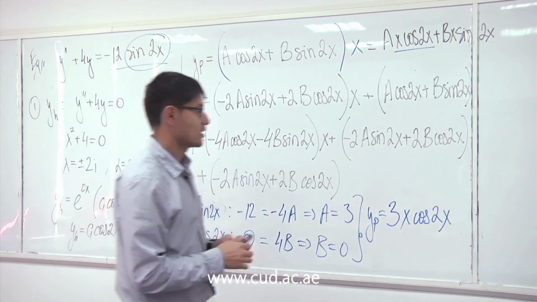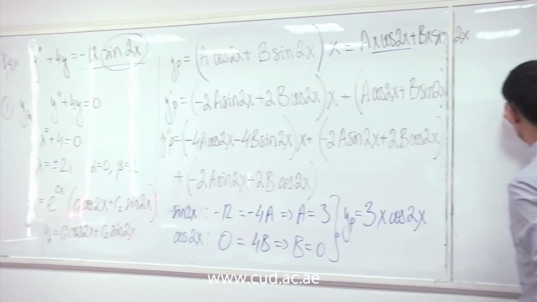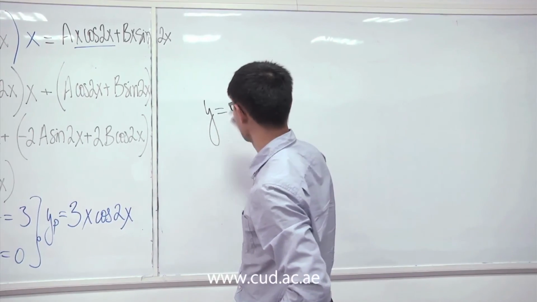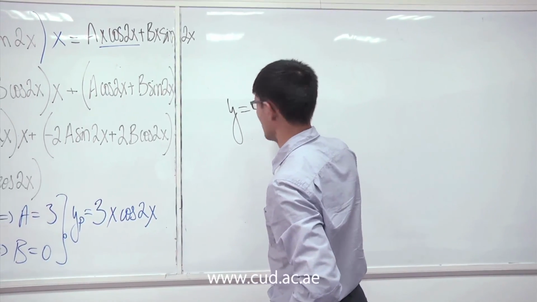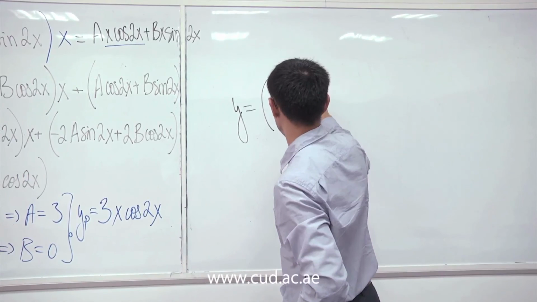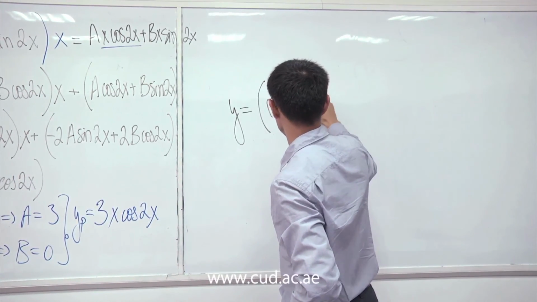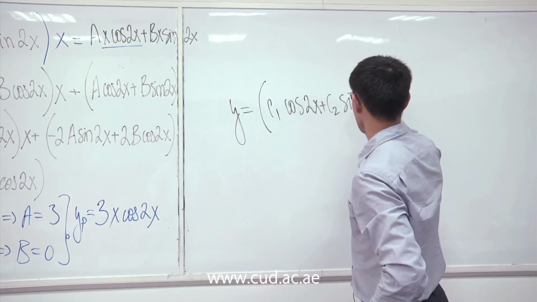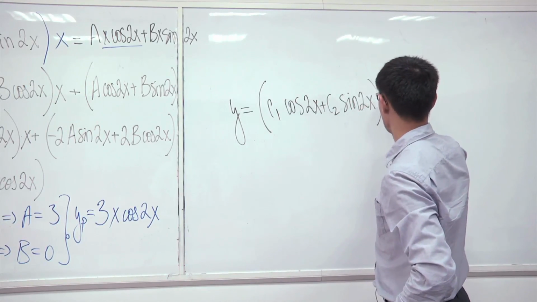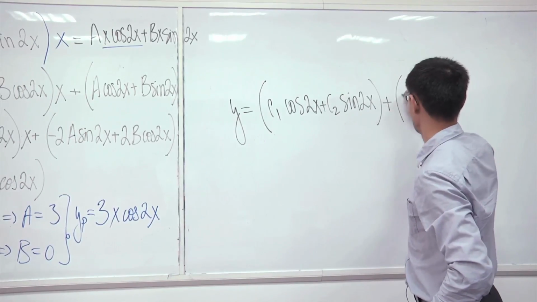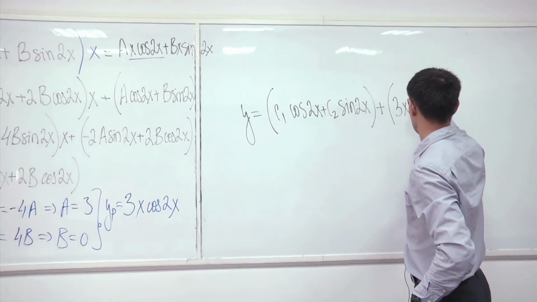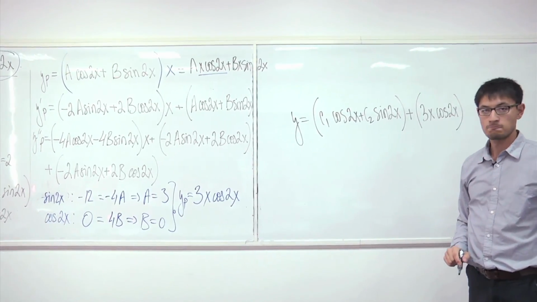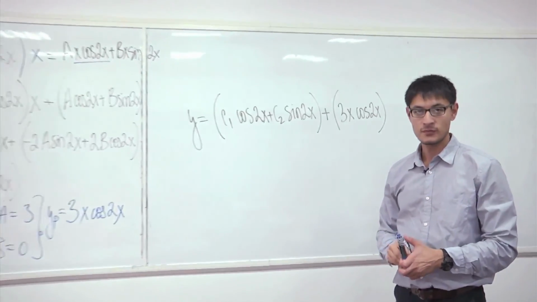And our final answer will be the homogeneous solution, c1 cos 2x plus c2 sine 2x. That's the homogeneous solution. Plus the particular solution, 3x cos 2x. All right. We are done.